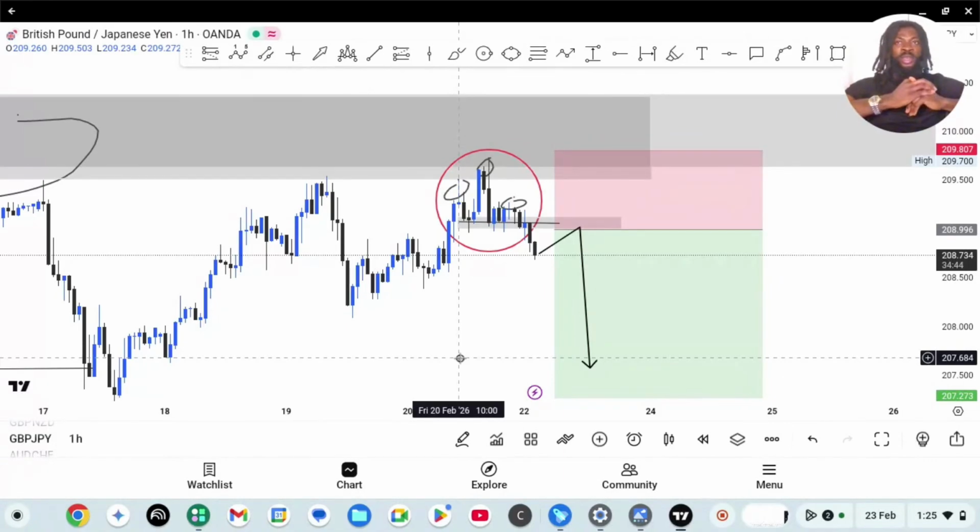All right, for me, I've studied ICT. I've also studied SMC, which is smart money concepts. I've traded those, and trust me, it is good because it makes you understand a lot about the market.